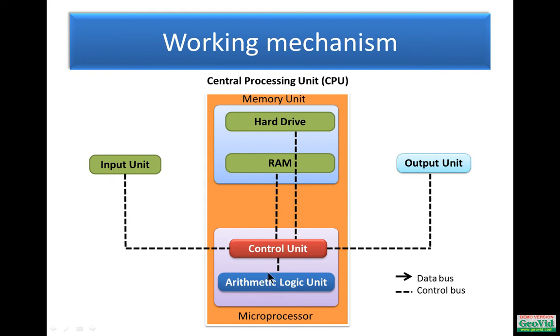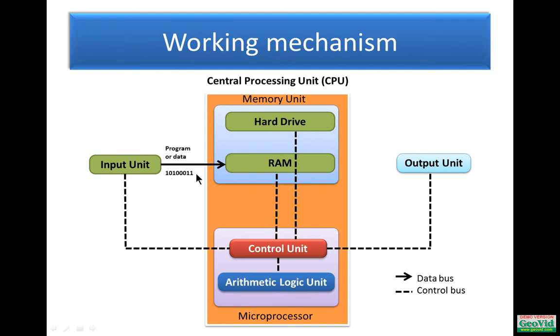Now we are going to see the data flow. First of all, from the input device, whenever we press any key on the keyboard, that key gives the CPU an electrical pulse signal, and that will be in binary form.